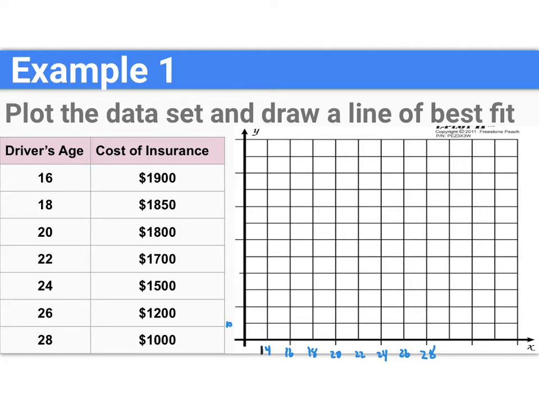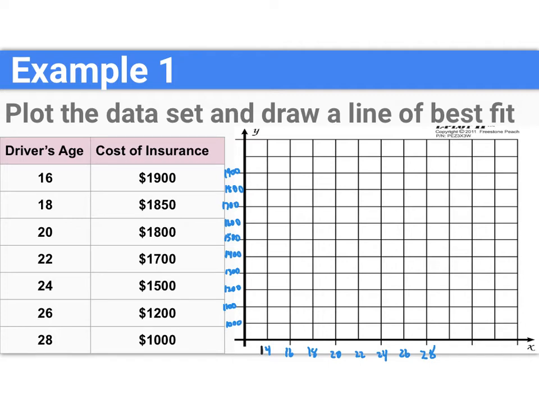So I'll start at 1,000, 1,100, 1,200, 1,300, 1,400, 1,500, 1,600, 1,700, 1,800, 1,900.